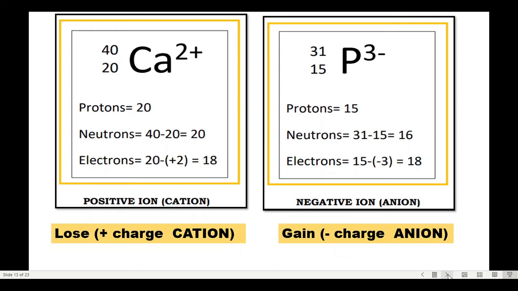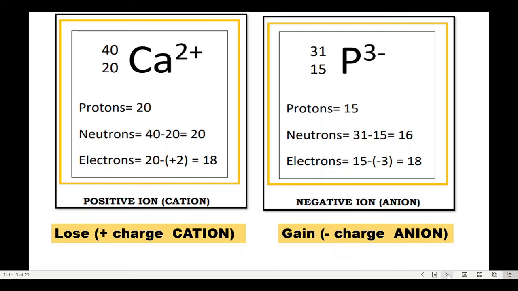Electrons. Ang electrons natin, atomic number minus yung charge. So, 15 minus negative 3. Negative, positive yon, di ba? In multiplication sa math, di ba? Pag may nakita tayong ganyan, nagiging positive na yan. So, 15 then plus 3.